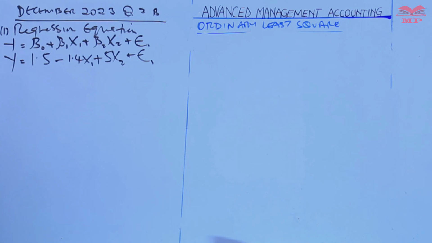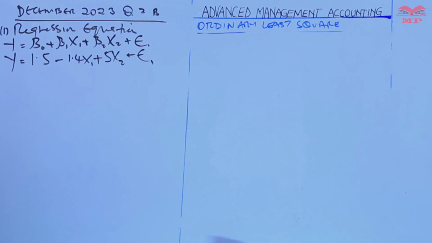And we know it ranges from 0 to 1. So if you have R squared of 0, that means the model explains none of the variation in the dependent variable. But if you have R squared of 1, then the model explains all the variation in the dependent variable.